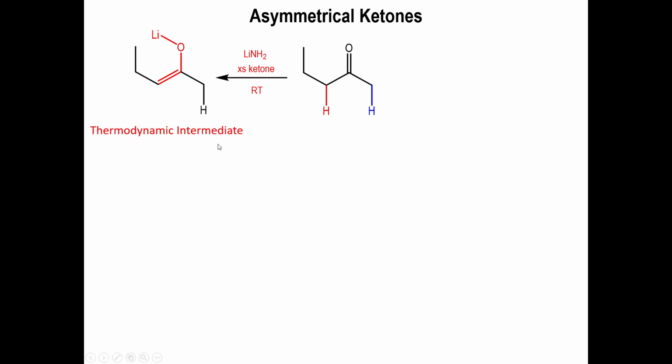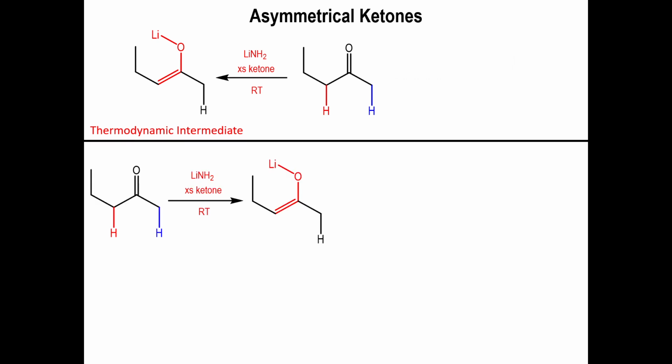We call this the thermodynamic intermediate because it's forming the more stable alkene out of the two options. So going ahead and forming that stable enolate, which by having higher temperature and excess ketone allows for full equilibration to favor the formation of the more stable enolate.